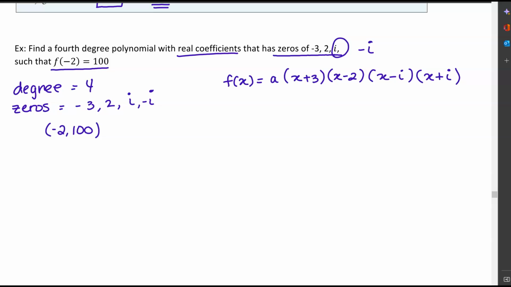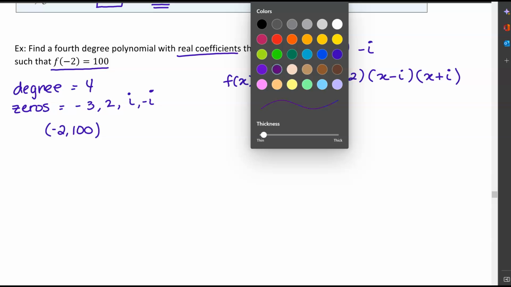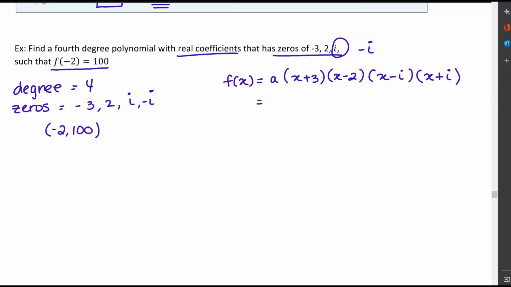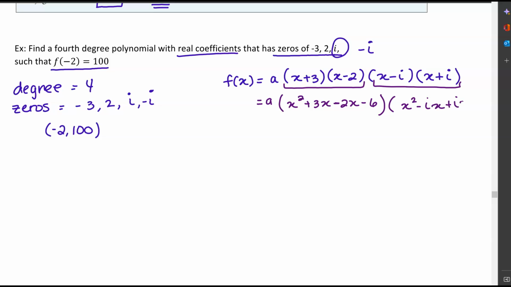Okay. All right. So now let's go ahead and multiply these out. So if I multiply these two out, I would end up with x squared plus 3x minus 2x minus 6. And if I multiply these two out, I end up with x squared minus ix plus ix minus i squared.